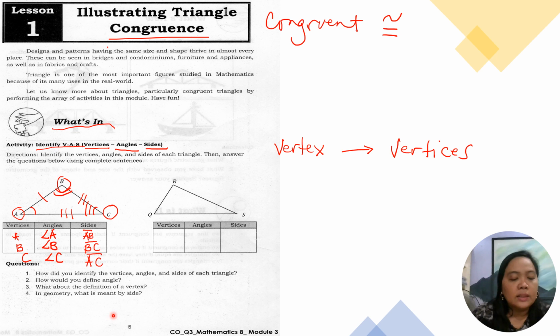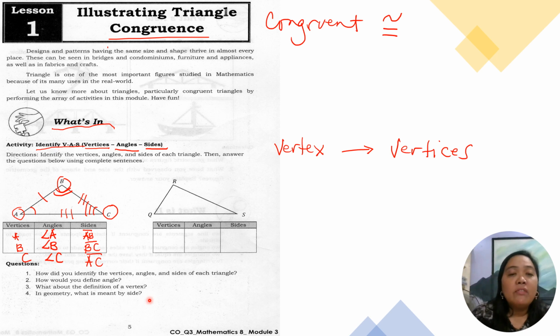The first one is, how did you identify the vertices, angles, and sides of each triangle? Number 2, how would you define angle? Number 3, what about the definition of a vertex? And number 4, in geometry, what is meant by side?